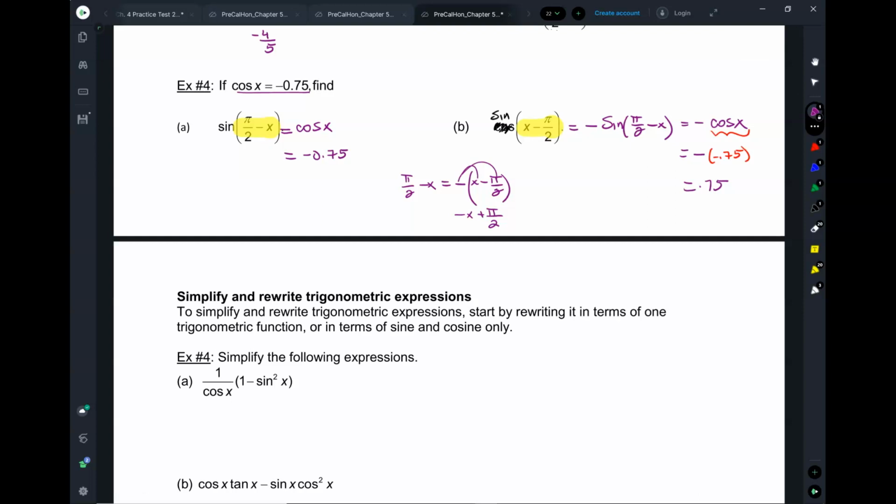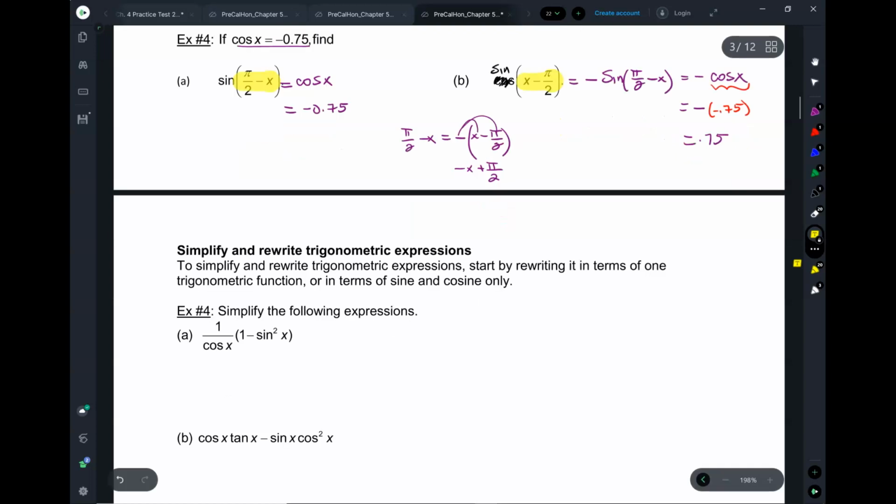Now, with the other page, it says to simplify. The thing about simplifying is students often don't know how much to simplify, and for good reason.